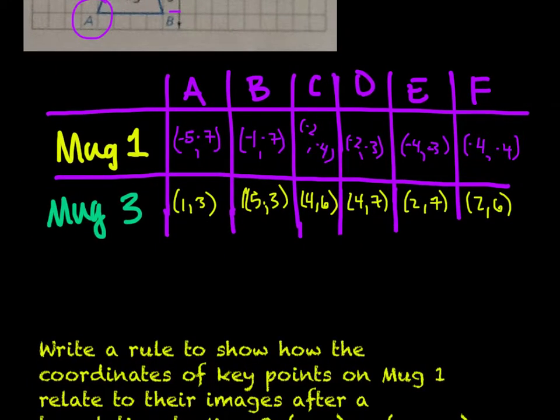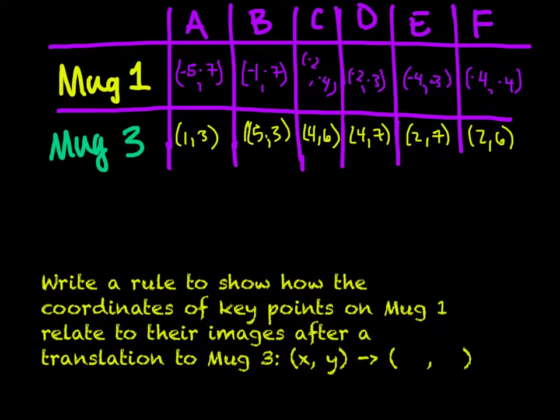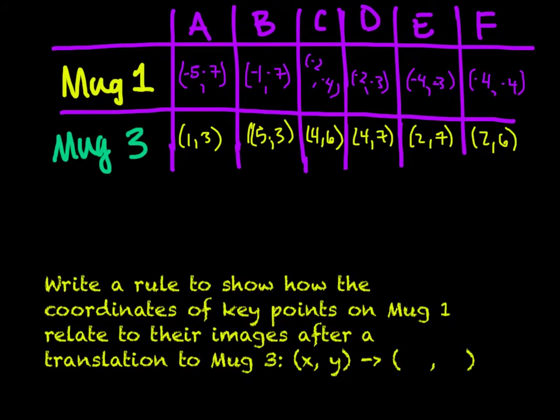So we need to essentially write a rule for how we can translate mug 1 onto mug 3. How are we going to move mug 1 to become 3? One helpful thing that we can do is look at the differences between our x's and our y's between the two mugs. If I look from -5 to 1, what do I need to add or subtract to get there?